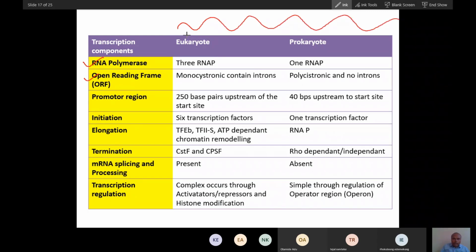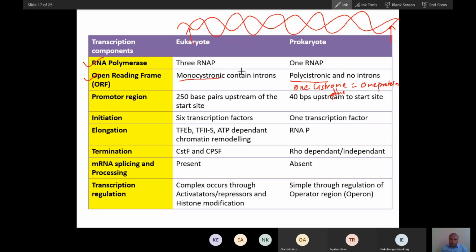In bacteria, the open reading frame is polycistronic. Monocistronic means one cistron, one protein, where cistron is equal to gene.